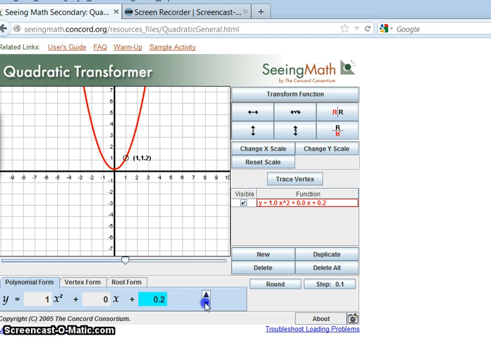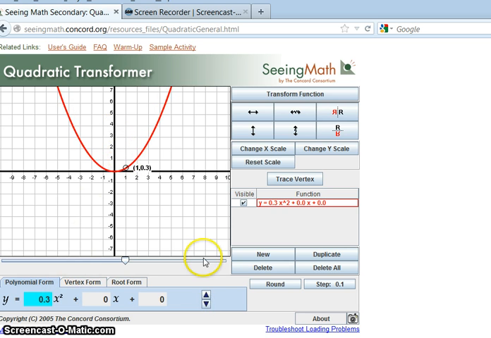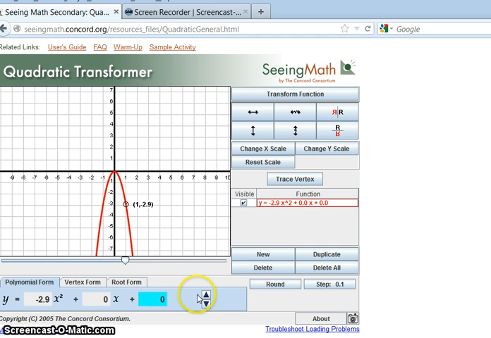If I want to make the parabola wide, I change this so that it's a fraction or decimal, maybe 0.3. If I want to make the parabola negative, I make this negative, and now it's trending downward. If I want to make it narrow, I can multiply it by, say, negative 3. So this was negative 3, and then I can move that parabola up vertically by changing c, or down vertically by changing c.